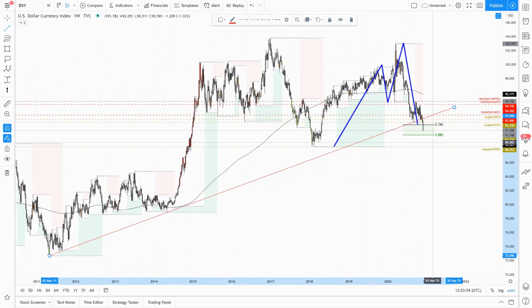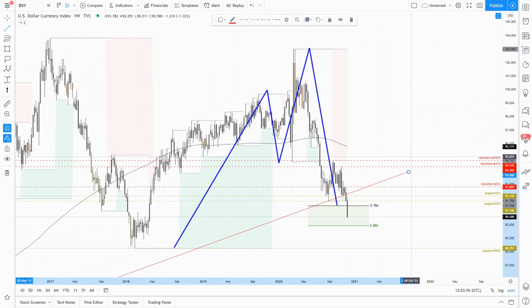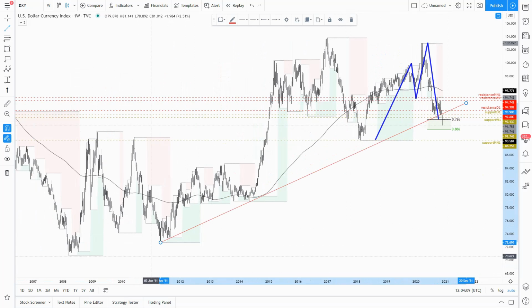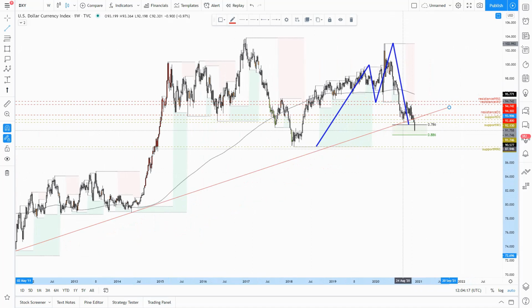So nothing is granted, as I used to say, and I will not be surprised to see a bounce from this territory. But since we are trading below this multi-year ascending trend line support, I will not be surprised to see the Dixie trading even lower.